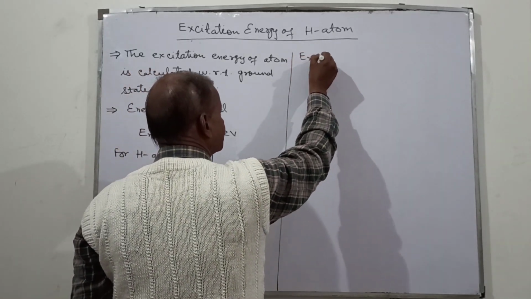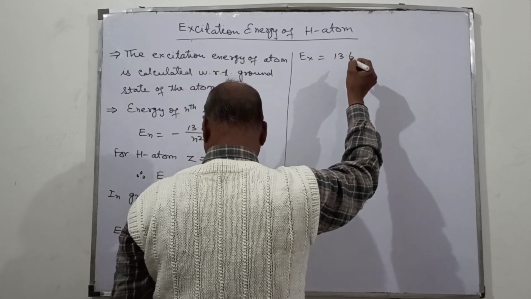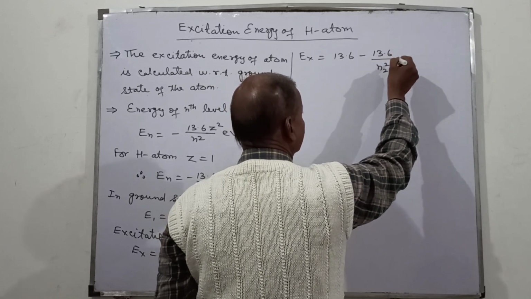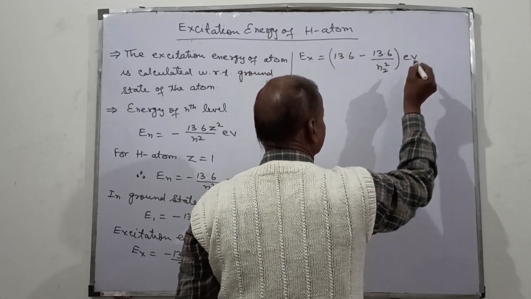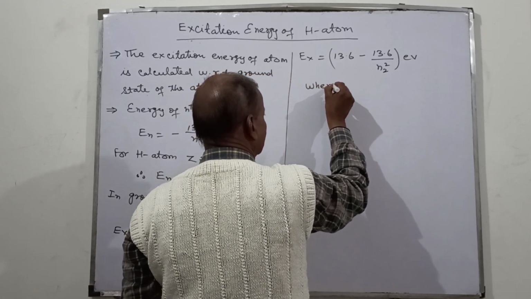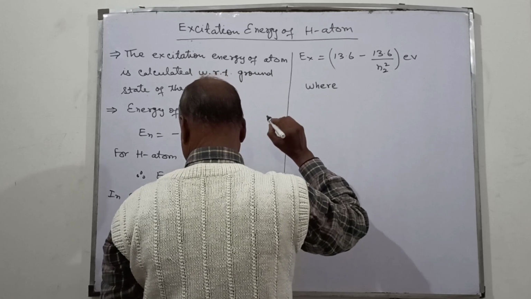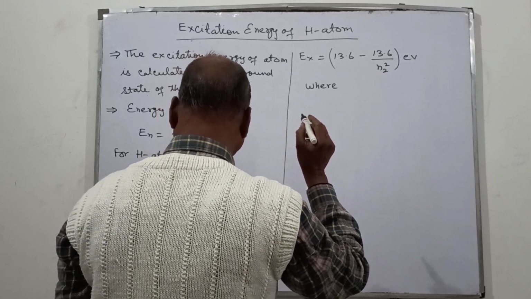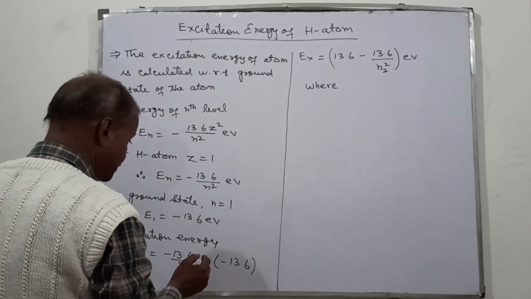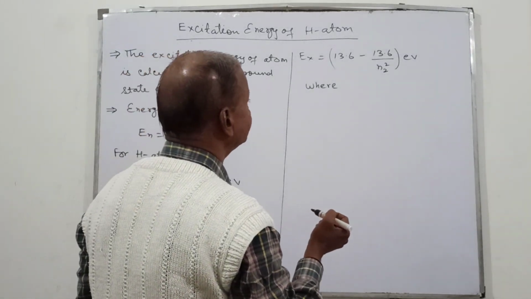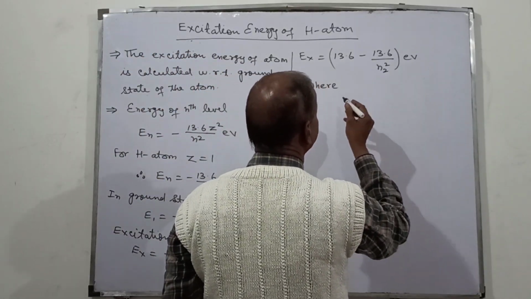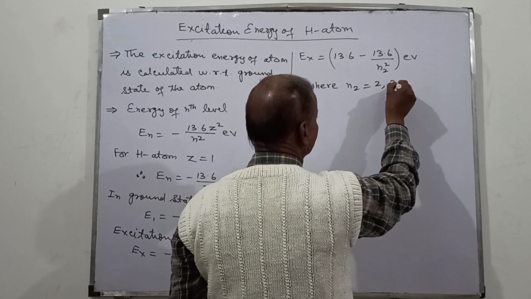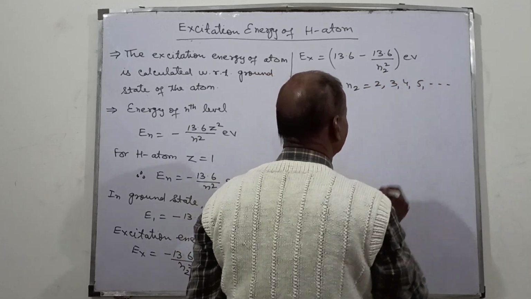So Ex equals 13.6 minus 13.6 upon n2 square electron volt, where n2 equals 2, 3, 4, 5 and so on.